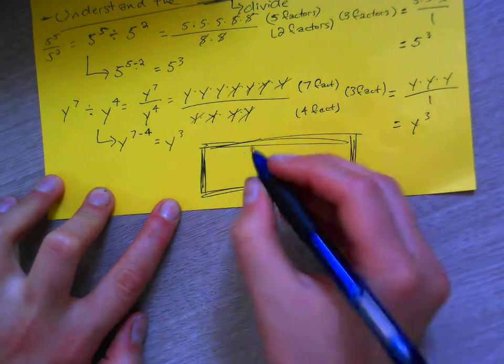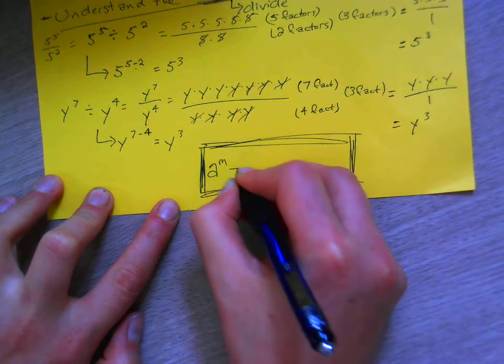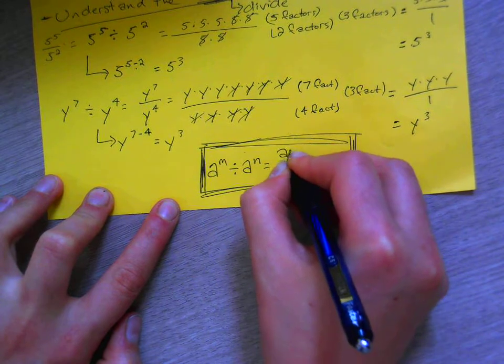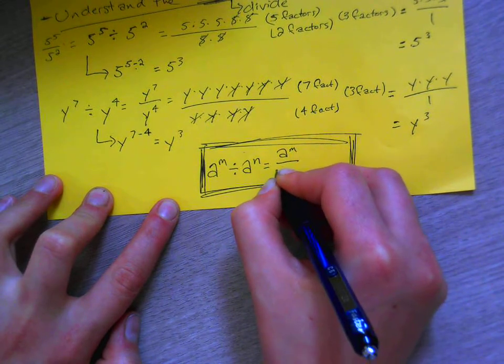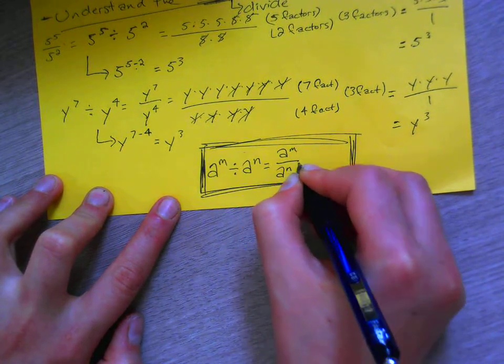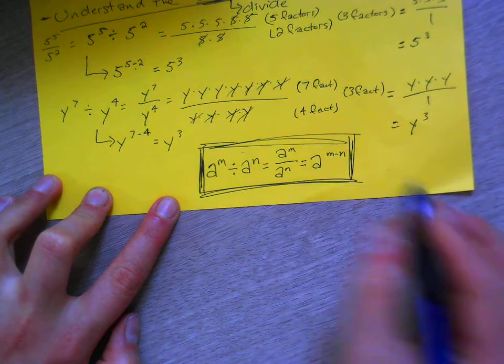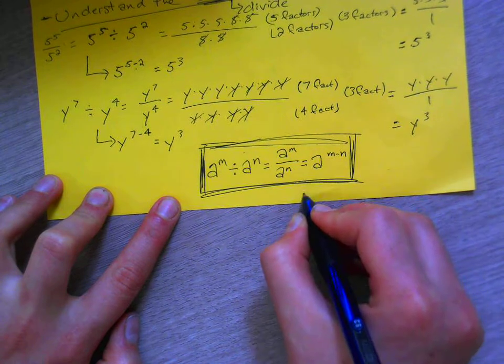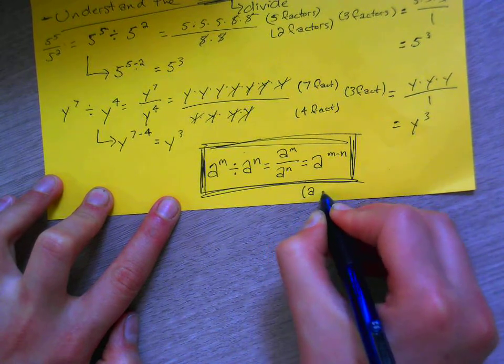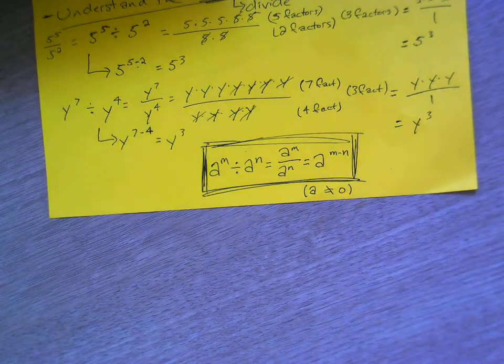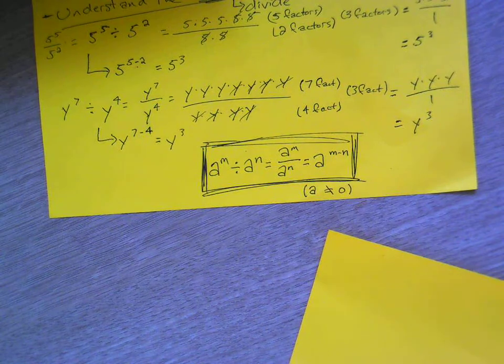It is a to the m divided by a to the n equals a to the m over a to the n equals a to the m minus n. In this expression, a cannot equal 0. This is very, very important.